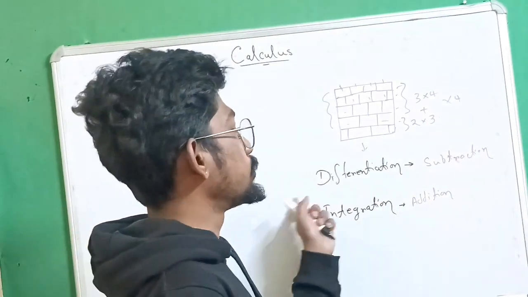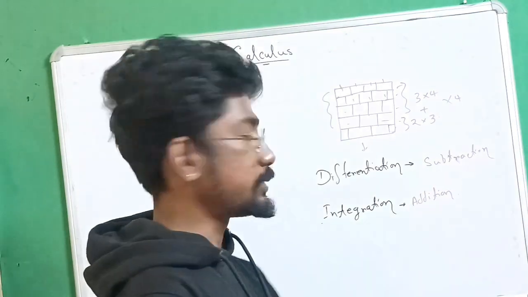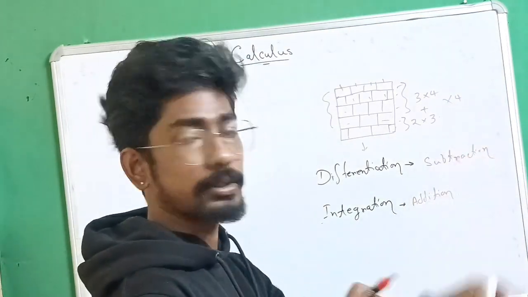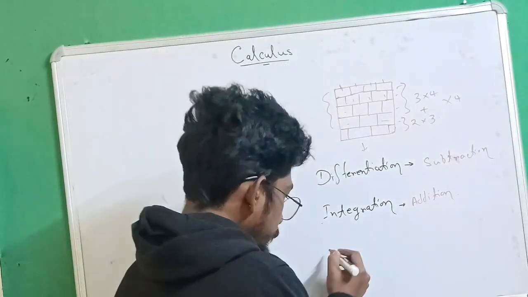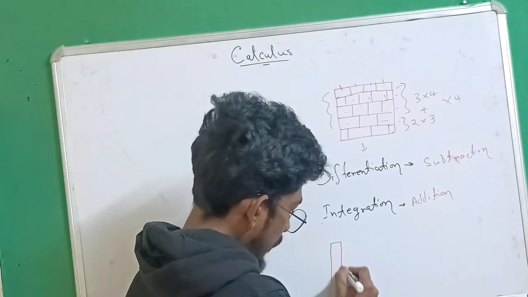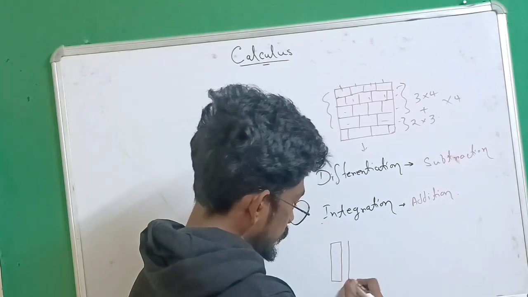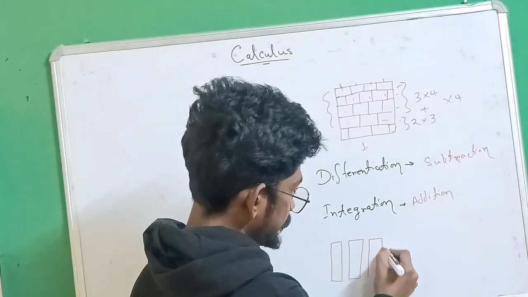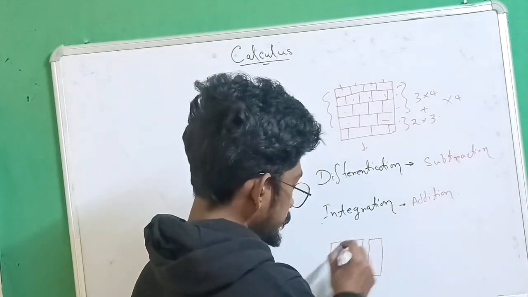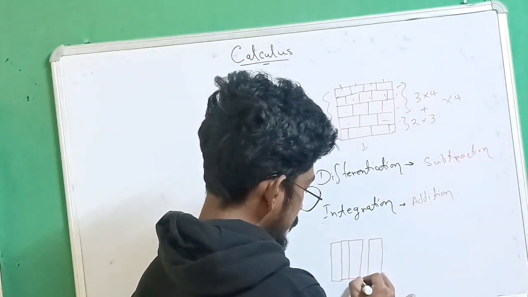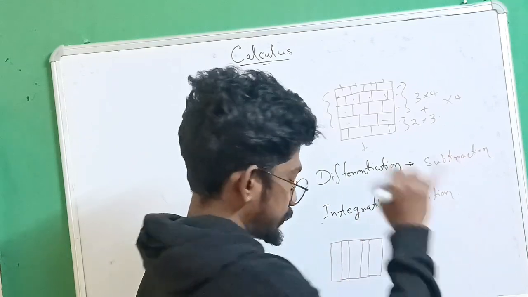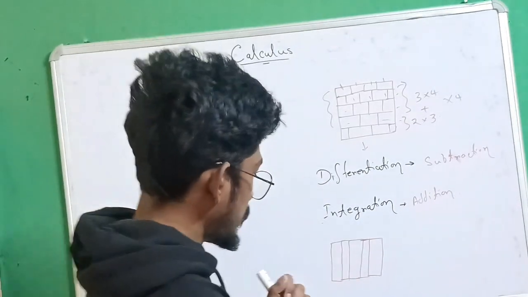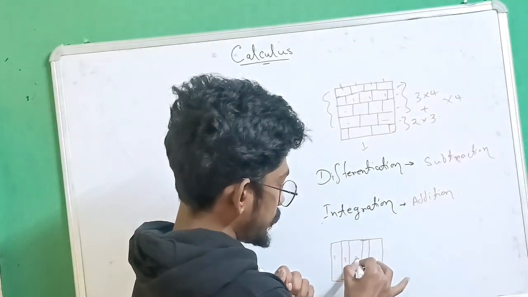First of all, I will go through differentiation. What is differentiation? Differentiation is subtraction. If you see a pile of blocks arranged in a single thing, the number of piles here is 1, 2, 3, 4, 5.